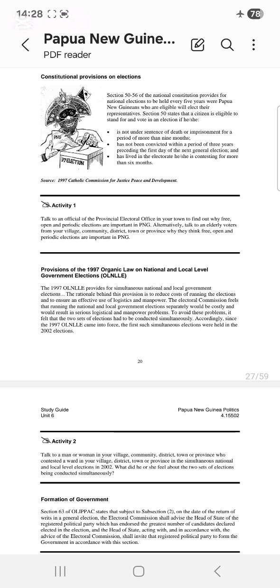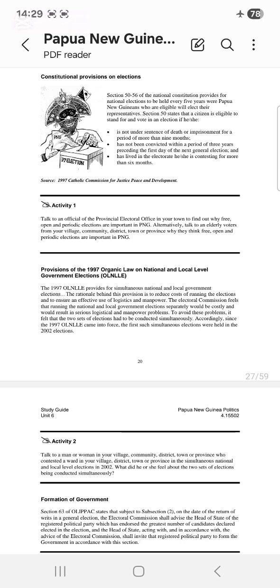Unless you have an issue with these 3 dots here, then you are not required to stand for or vote in an election. If you have been convicted, if you did a crime or something like that, and you are in prison, your right to vote is being taken away by the conviction. Apart from that, every Papua New Guinean has a right to participate in the election after the age of 18.